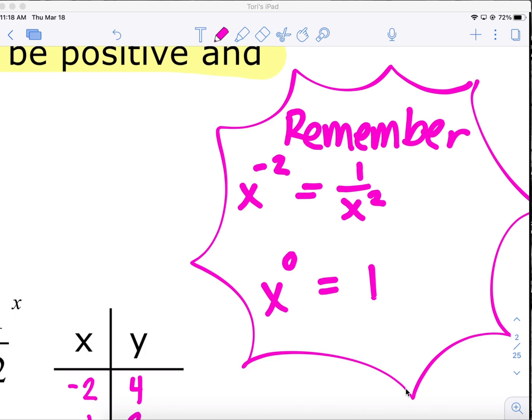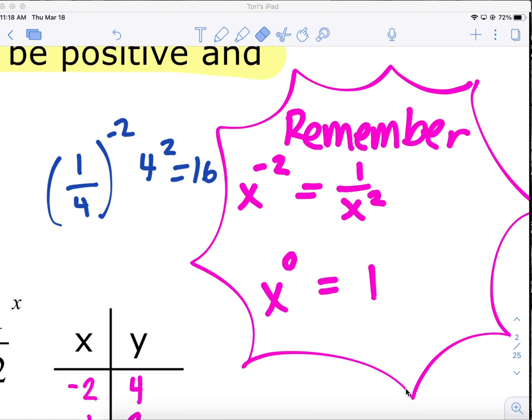If it was in the bottom and it was a negative, so for instance, something like 1/4, if I do that to the -2, you would move the 4 up to the top and then make it to the +2, which would give you the number 16. So it inverts whatever your base is. Finally, anything raised to the 0 is going to give you a 1. So whenever you have a 0 as your exponent, your value is always going to be 1. If you have a transformation, that's one thing.